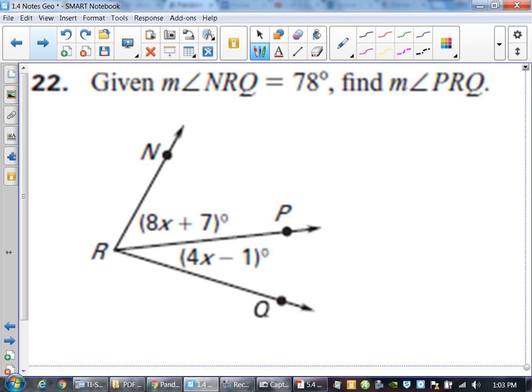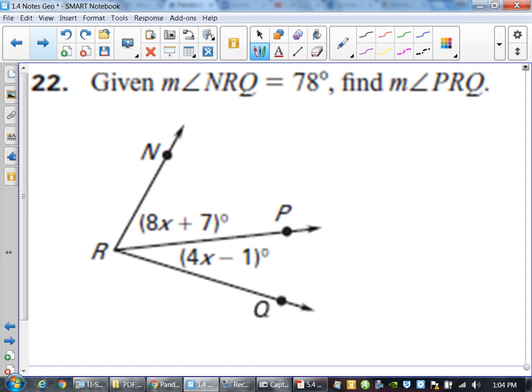So in this example, we have angle NRQ. NRQ is made up of two other angles, angle NRP and angle PRQ. It tells you that the whole thing measures 78 degrees. And then it's asking you just to find one part of the angle. So you will have to solve for x and then substitute back in at some point.